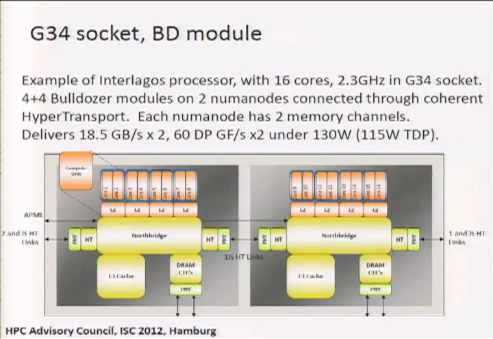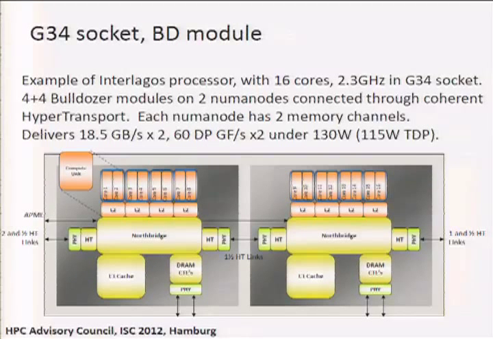I just put here some numbers, like a 2.3 gigahertz core with 4 Bulldozer units here, 1, 2, 3, and 4, and another 4 Bulldozer units in here. Each of those has L2s and L1s inside, and then here you've got an L3 being shared among all of those. They are connected through coherent HyperTransport, and this die has 2 memory channels, and this one has 2 memory channels, so the total is 4 memory channels.